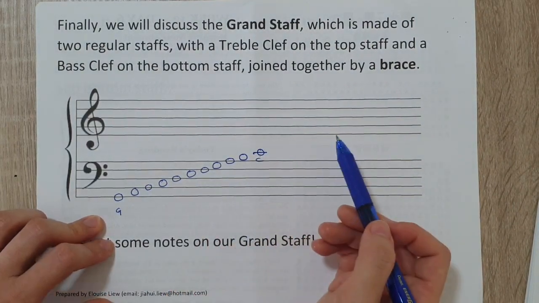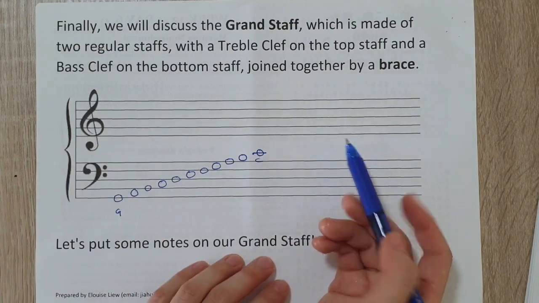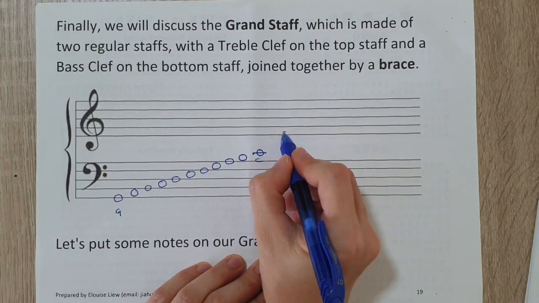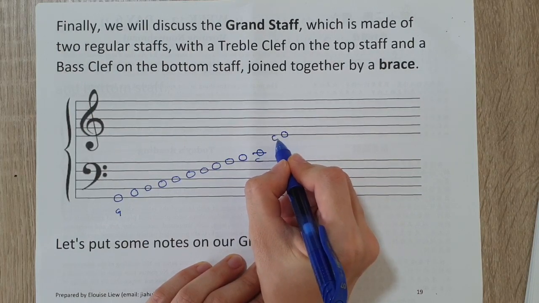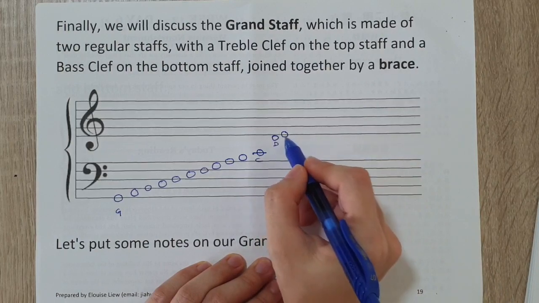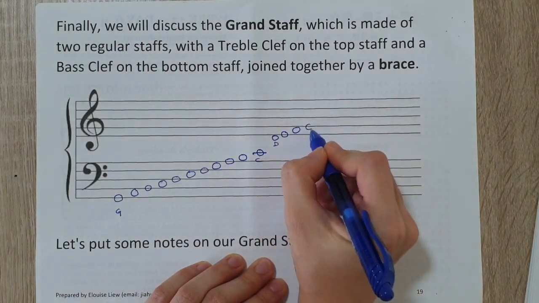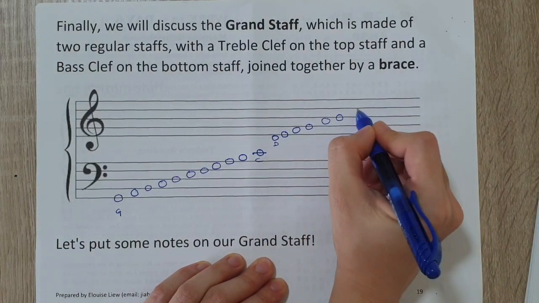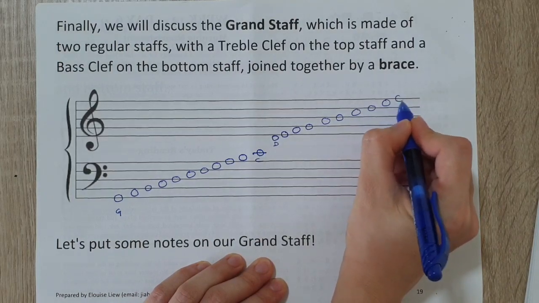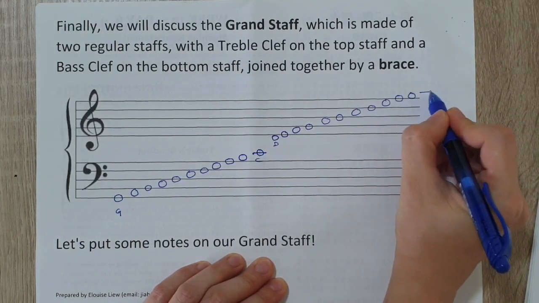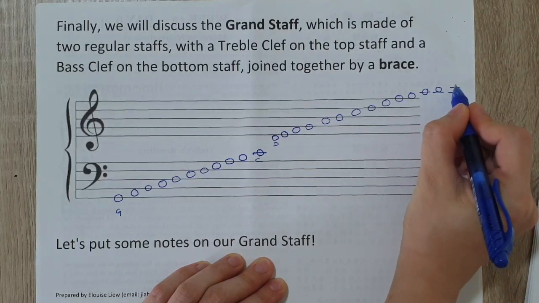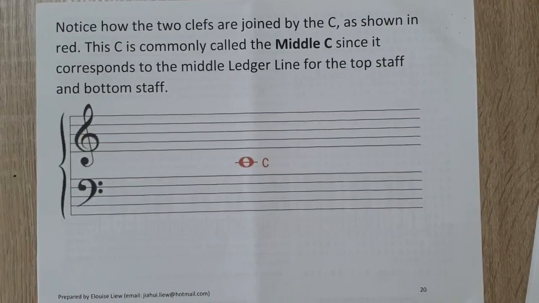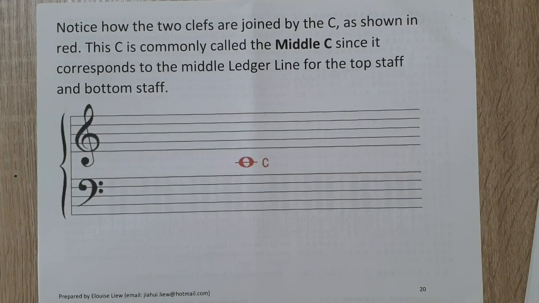Okay, let's go on with our treble clef. First one is E. But I can place another note here. We can place a D. So D, E, F, G, A, B, C, D, E, F, G. Go up, A. Go up, B. Up again, C. Notice how the two clefs are joined by the C, as shown in red.